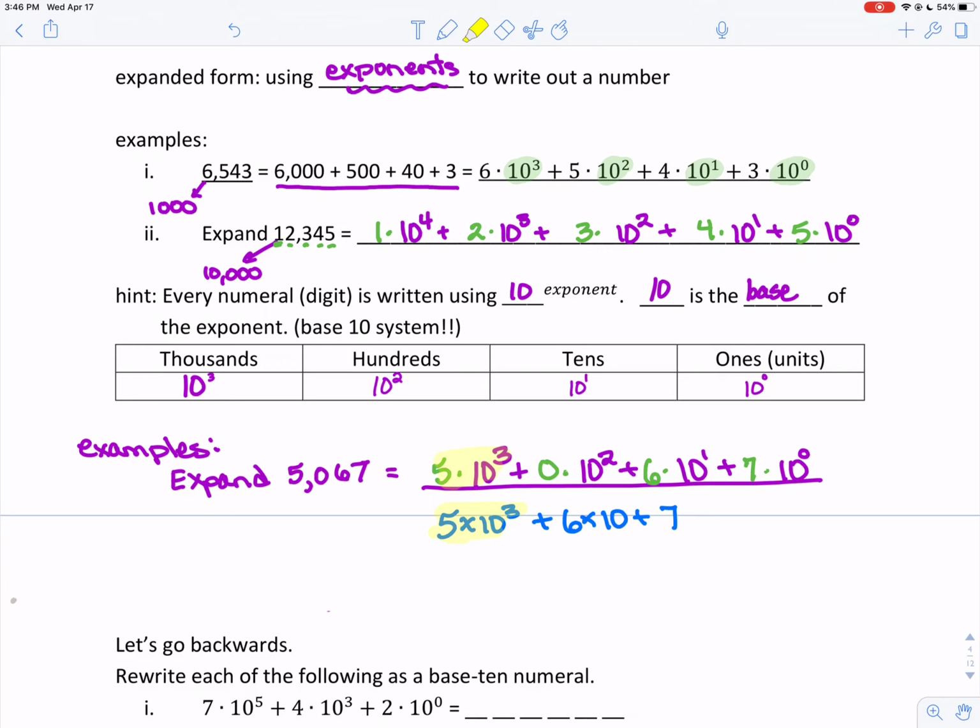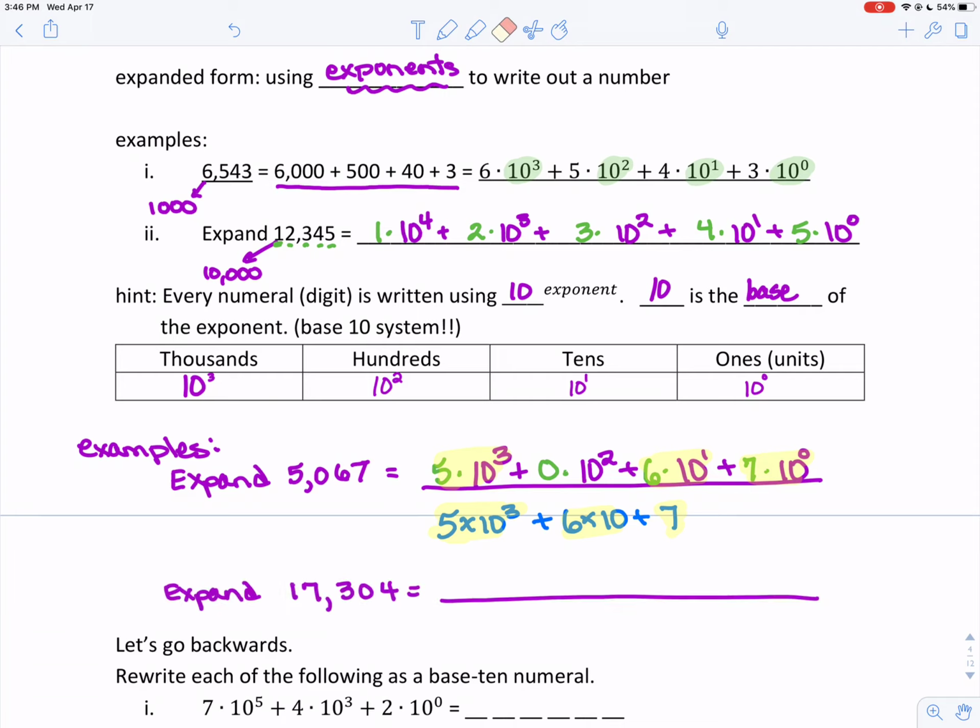Your student left out 0 times 10 to the second, but 0 times anything is nothing, so you can leave that out. 6 times 10 is the same as 6 times 10 to the first, and then 7 is the same as 7 times 10 to the 0, because 10 to the 0 is just 1, and 7 times 1 is just 7. So your student is correct, even though it looks different than, say, your answer key would.